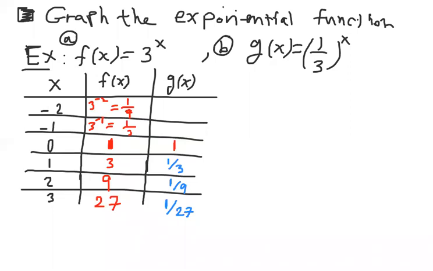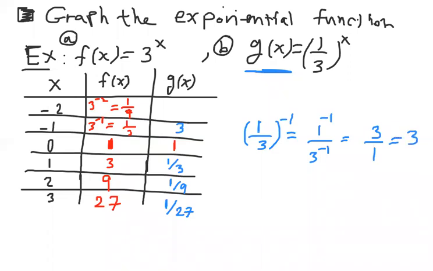Now again, what is g of minus 1? You plug the minus 1 inside the function here. So it gives me 3. Why? Because 1 over 3 to the minus 1, let me explain more, gives 3 over 1, which is 3.